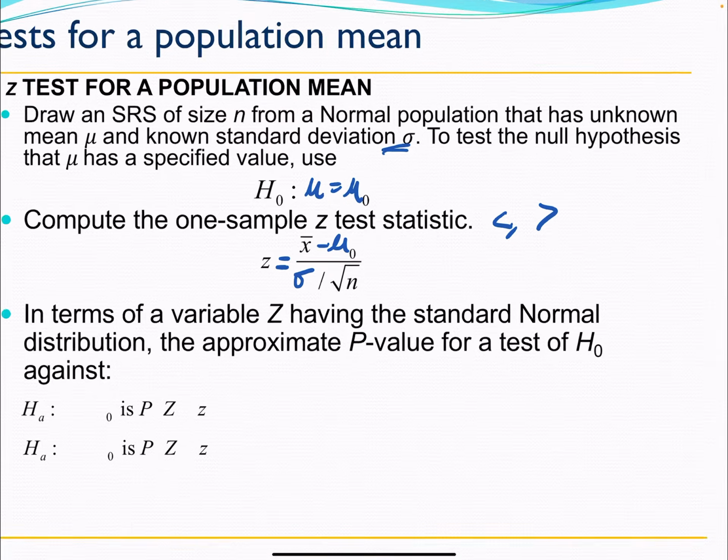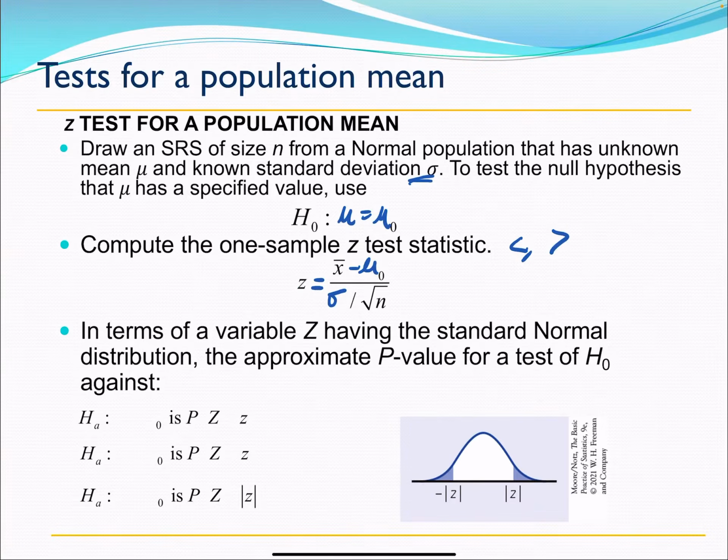So mu greater than mu naught would mean p is the probability of Z greater than or equal to z. Mu less than mu naught is the probability of Z less than or equal to z, and mu not equal to mu naught is the probability of Z greater than or equal to the absolute value of z, where this is the area under these curves, or we could use significance levels as well.